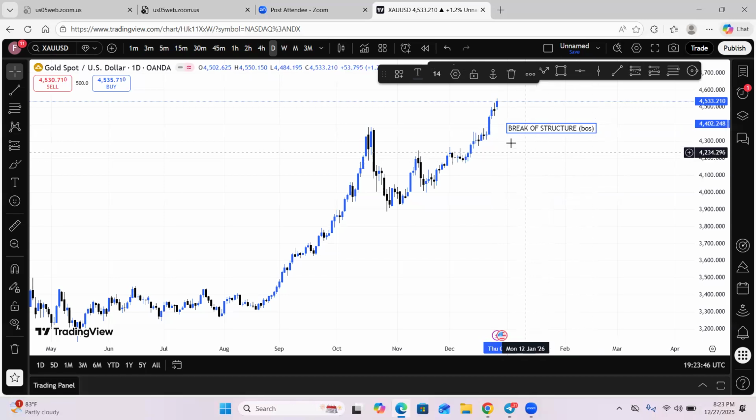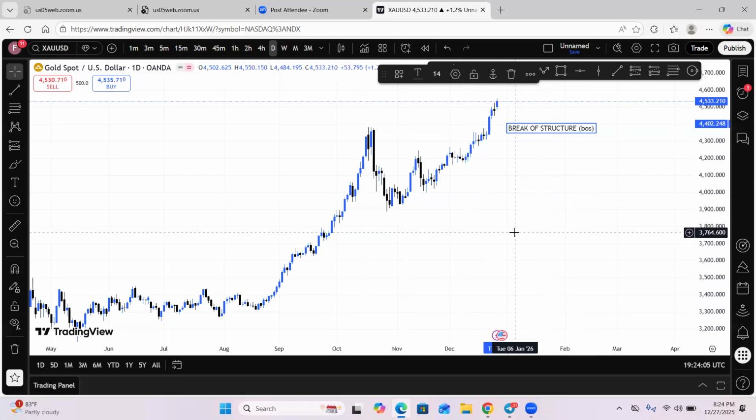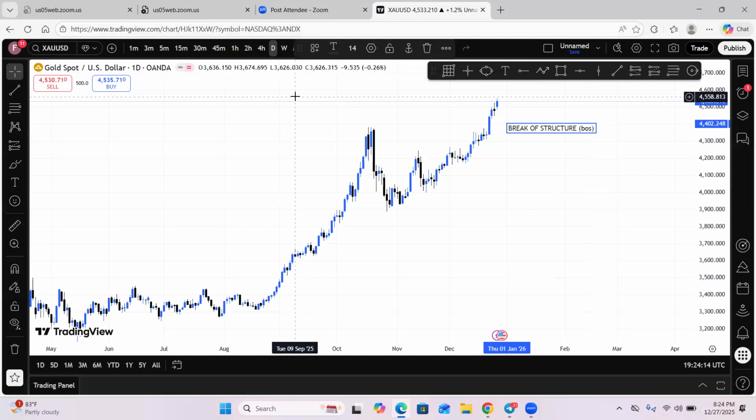When we say break of structure, what do we mean? Break of structure occurs when price breaks through a significant level in the chart. It could be a support, a resistance, or a key level. We have break of structure in an uptrend, and also in a downtrend.